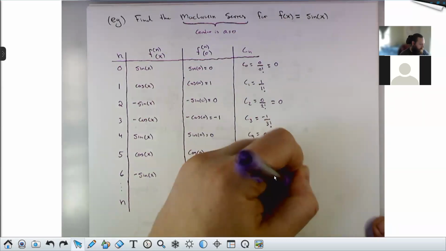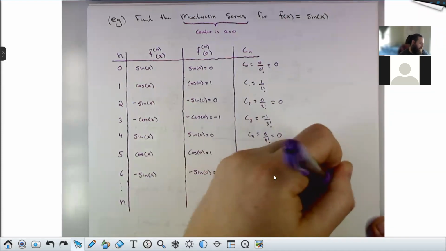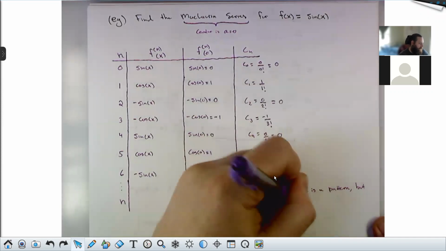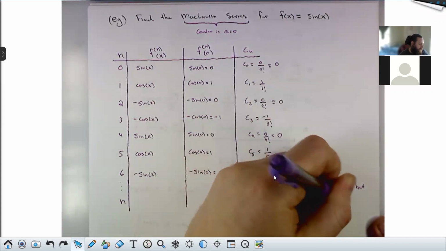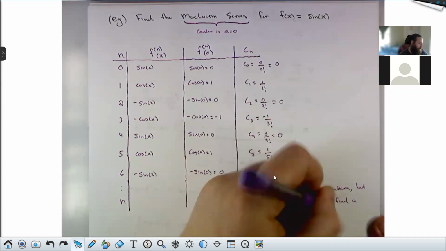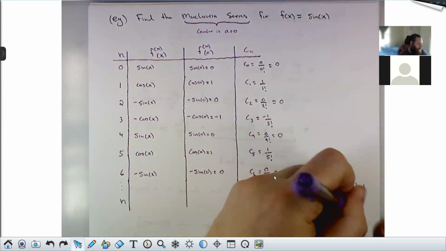So there is a pattern, but it's hard to find a nice formula from this.